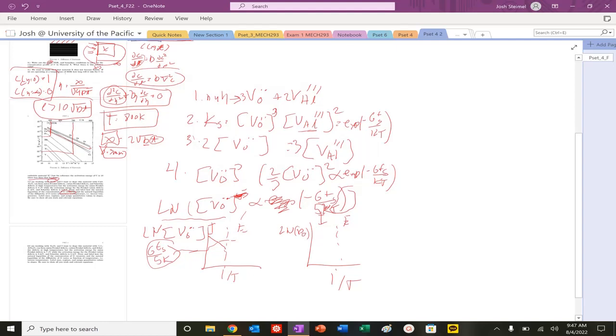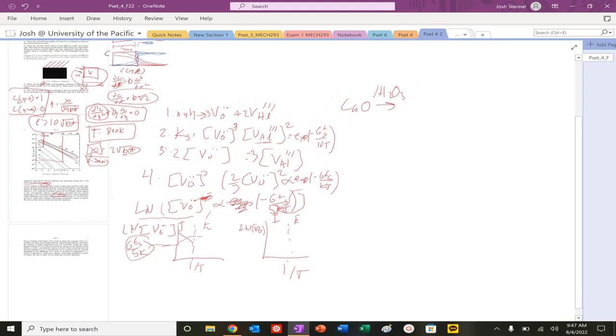What about the extrinsic side? Well, I am doping it with CaO, so that goes into Al2O3. Because again, I'm looking at the concentration of vacancies of oxygen, I need to have vacancy of oxygen, 1, 2, and then I'm going to put in my substitutional cation. So Ca replaces Al. Al is 3 plus, so that's this here. So I need to have 2 of these.